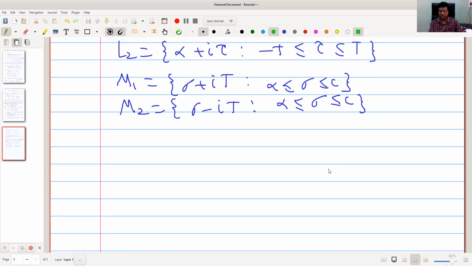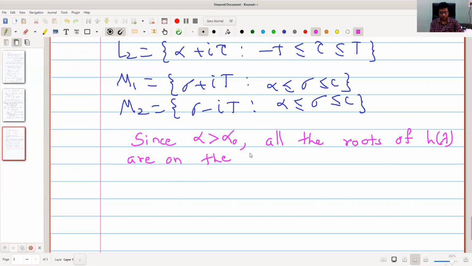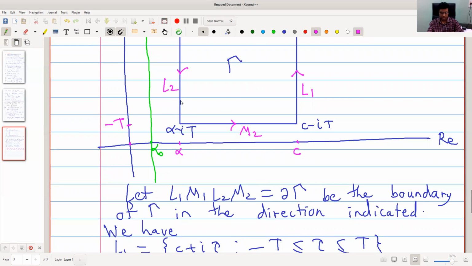Since alpha is greater than alpha 0, all the roots, or zeros, of h of lambda are on the left of the line x equal to alpha. Okay, x equal to alpha means this vertical line.